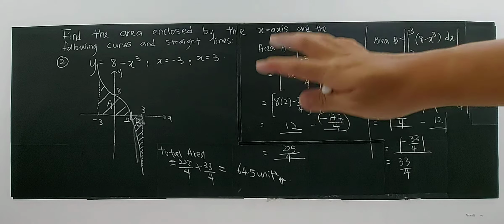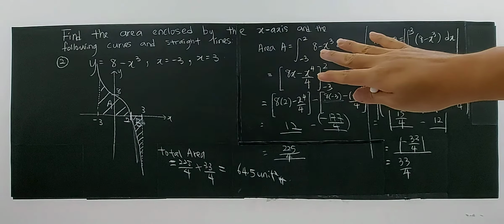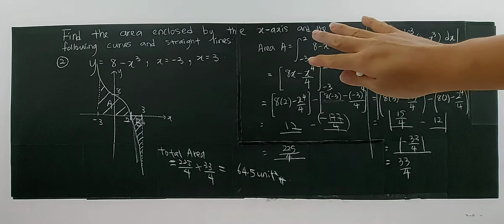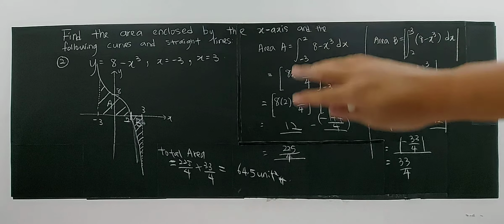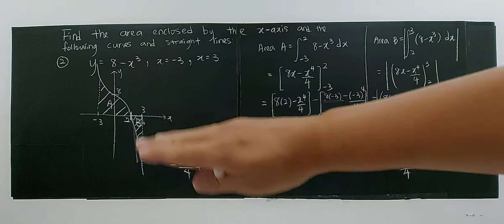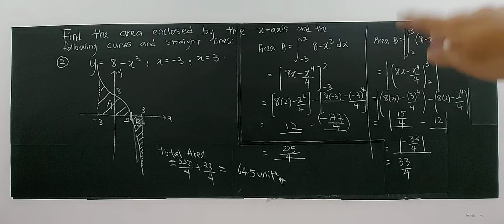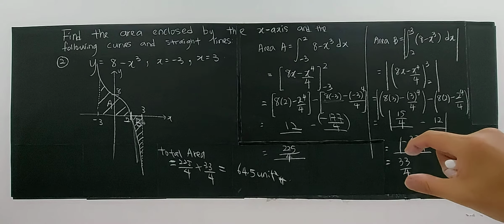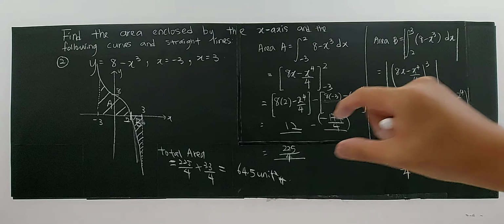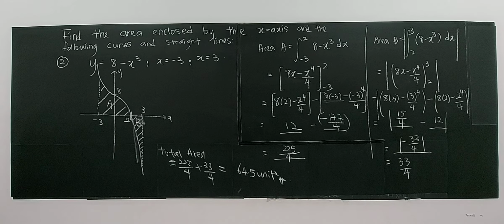What I want to introduce to you is that when there is a region above the x-axis, the value of the definite integral will definitely be positive. When the region is below the x-axis, you are getting a negative value. So in this case, I put a modulus so that I get a positive value. With these two, I sum up, and I get the total area under the curve.